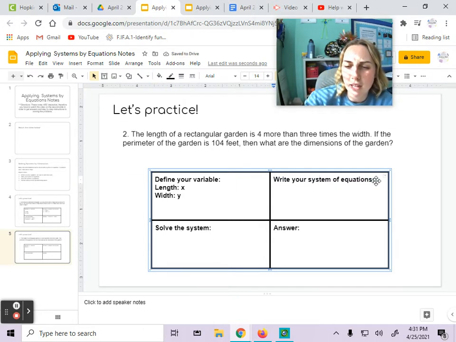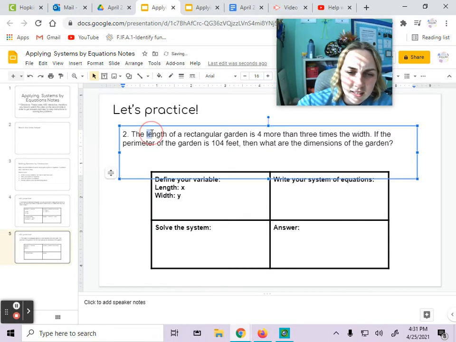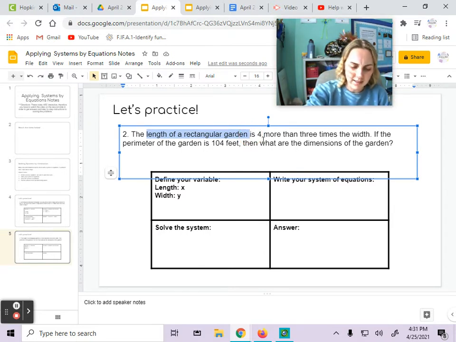Now I need to write out my equations. So what it says right here is the length of the rectangular garden is, okay? So the length of the garden is, so it's going to be x is equal to 4 more than 3 times the width. So I'm going to put 4 plus, because it's 4 more than 3 multiplied by the width, which is my variable y, okay?